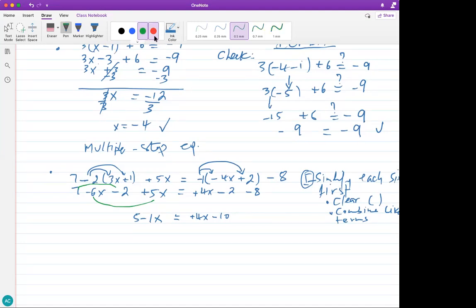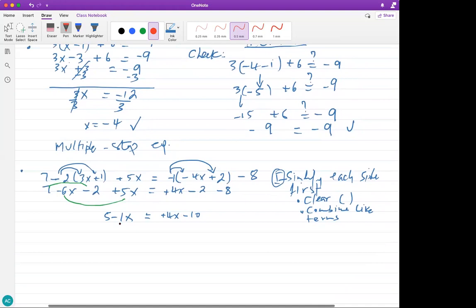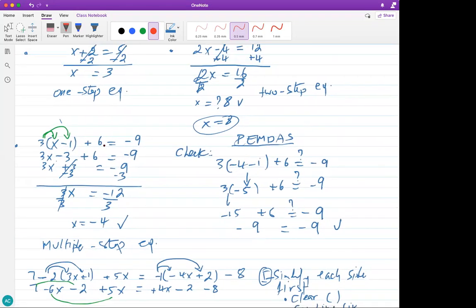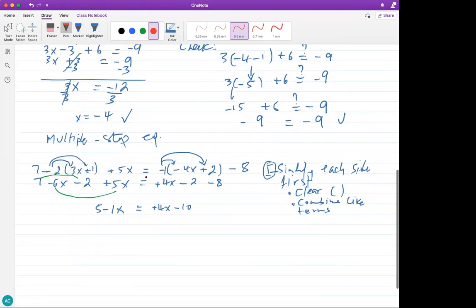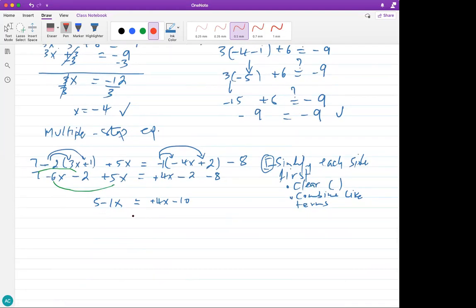How is this equation different from the previous ones that you've seen so far? What exactly is different about this equation compared to the previous ones? You guys noticed anything different here in this equation?